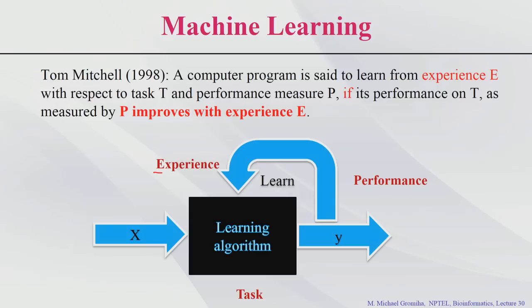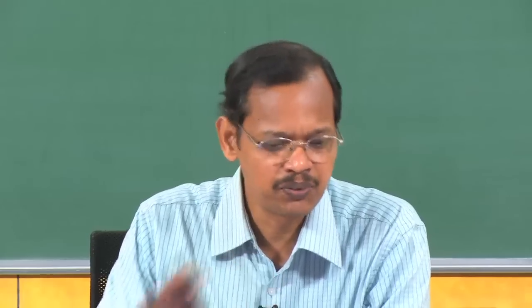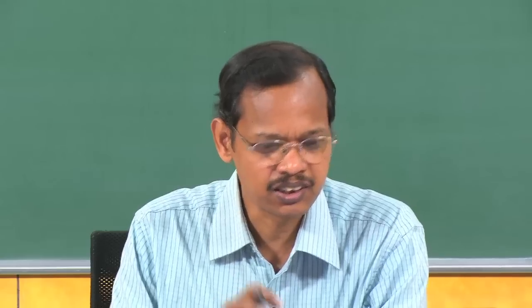A program learns from experience E with respect to a task class T, that is classifying transmembrane helical and strand proteins, and a performance measure P, if its performance on the task, measured by P, improves with experience E. For example, accuracy. That means it learns only if the performance increases for our own task.